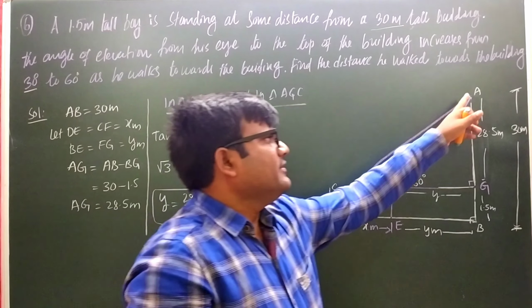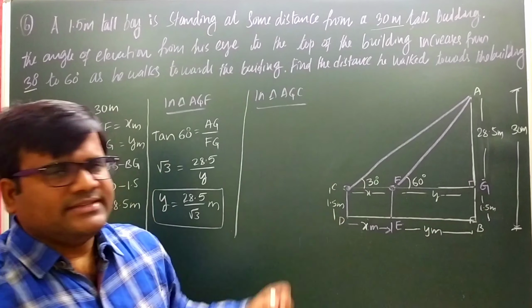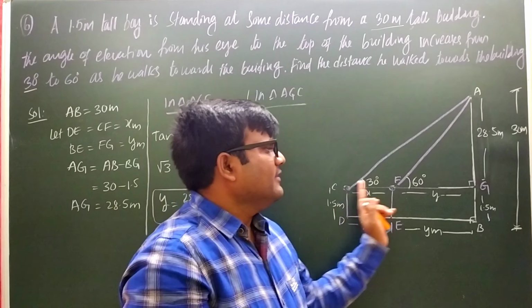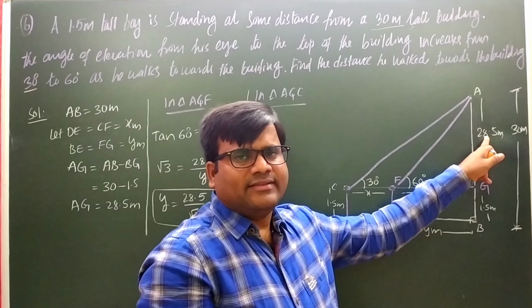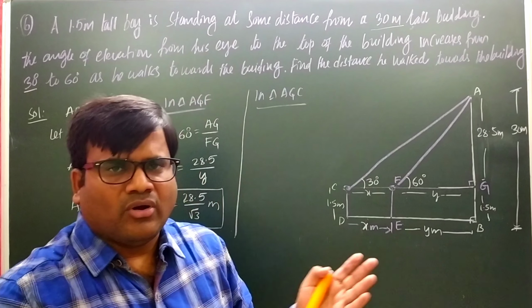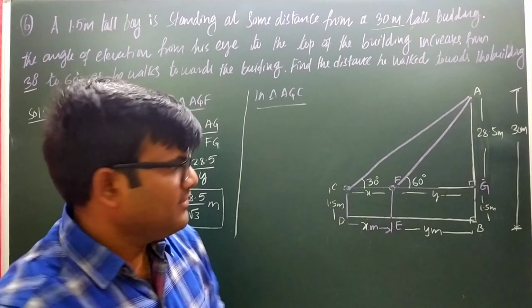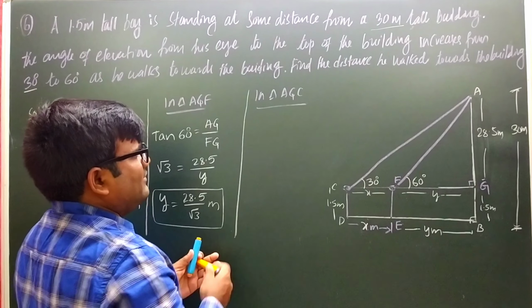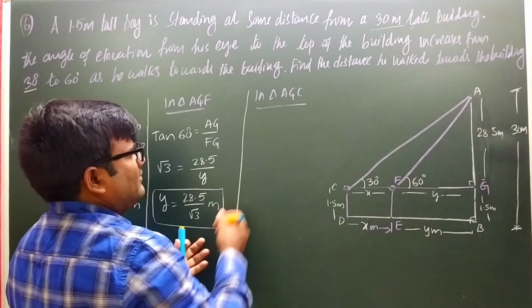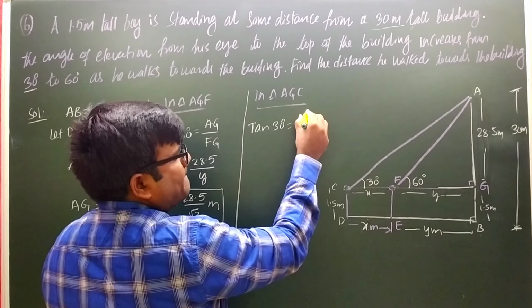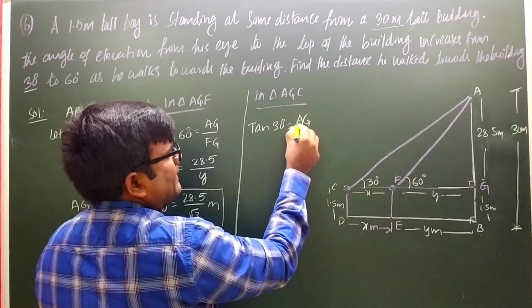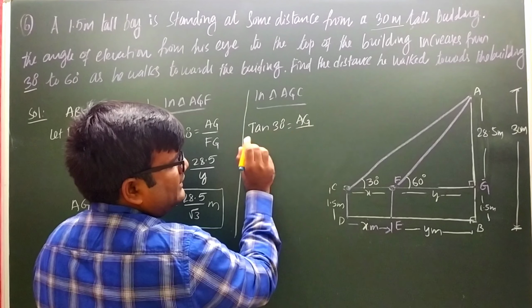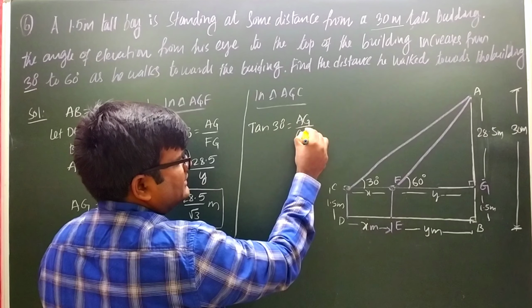Next, consider the second right triangle, that is AGC. In AGC, this length is adjacent and the known length is opposite. So the ratio between opposite and adjacent is tan. So here also consider the tan ratio. Tan 30 is equal to opposite by adjacent, that is CG.